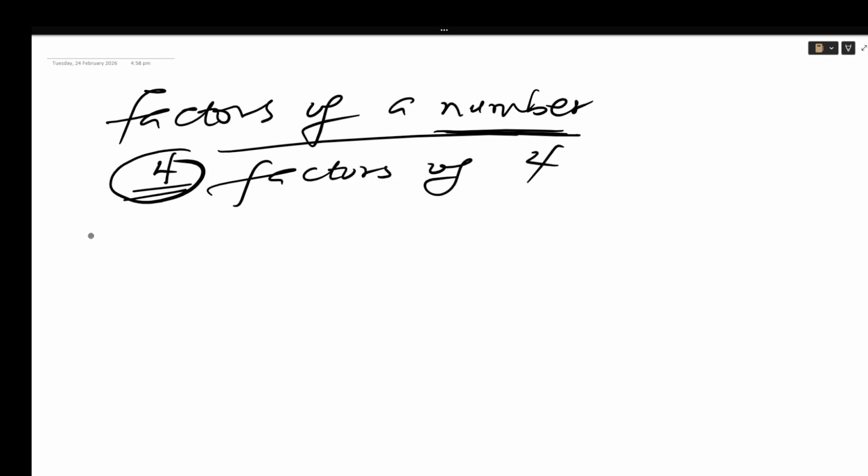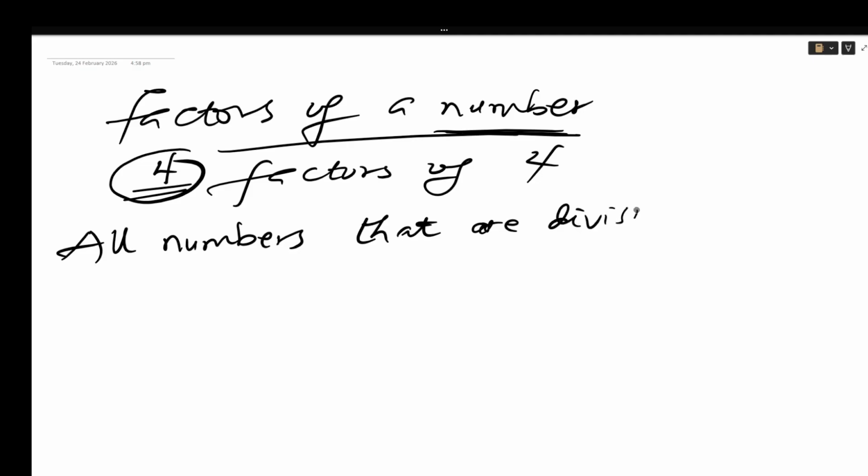It means all numbers that are divisible by 4 without remainders.